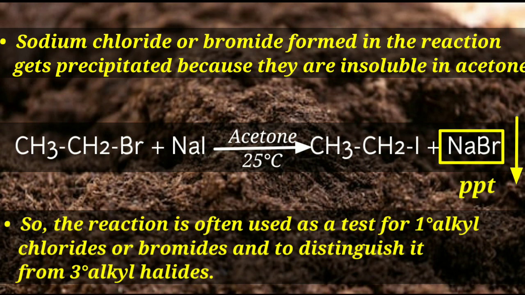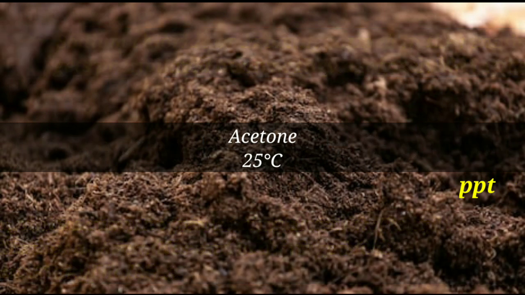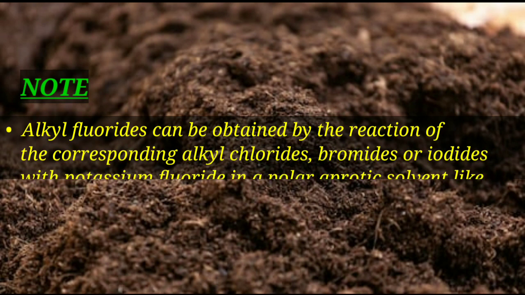That means you can identify primary alkyl chlorides or bromides with the help of the Finkelstein reaction by observing the formation of a precipitate when that alkyl chloride or bromide is treated with sodium iodide. Again, tertiary alkyl halides are non-reactive. That's why we can distinguish primary alkyl chlorides or bromides from tertiary alkyl halides with the help of this reaction.